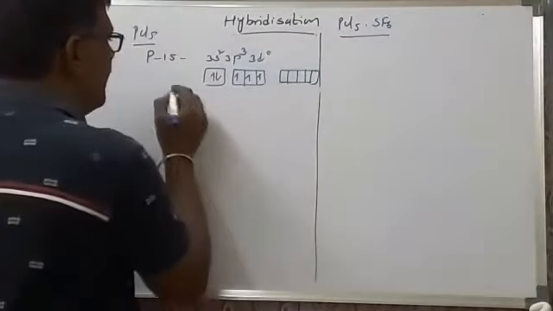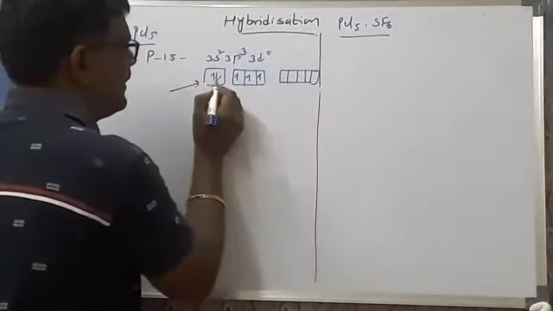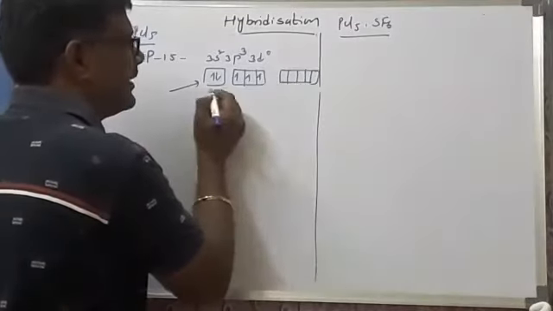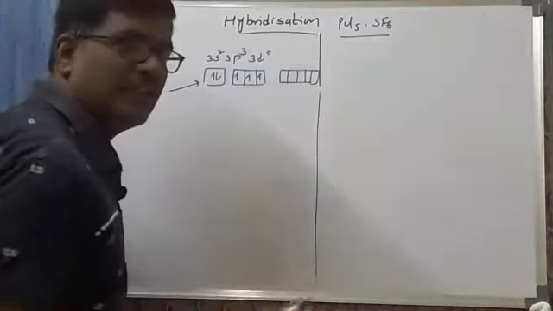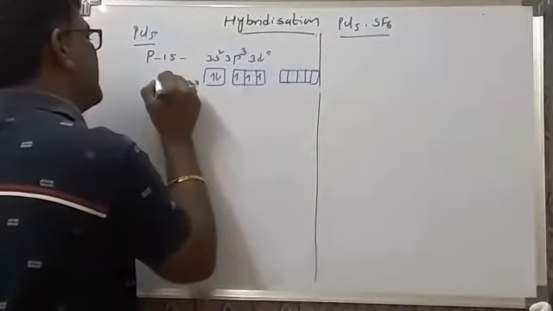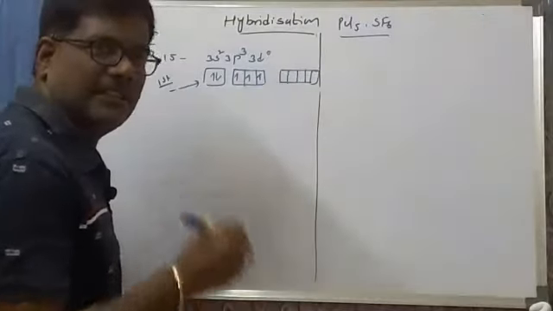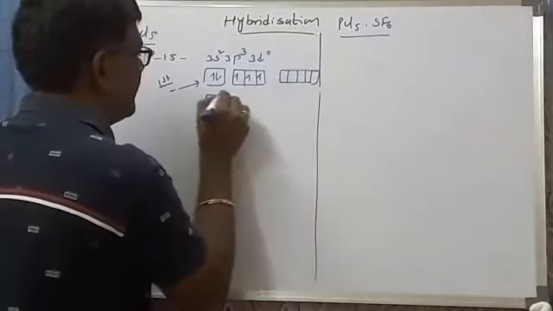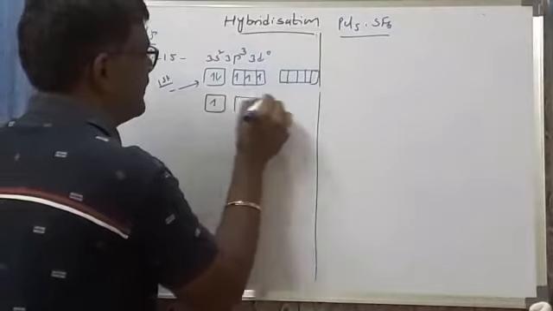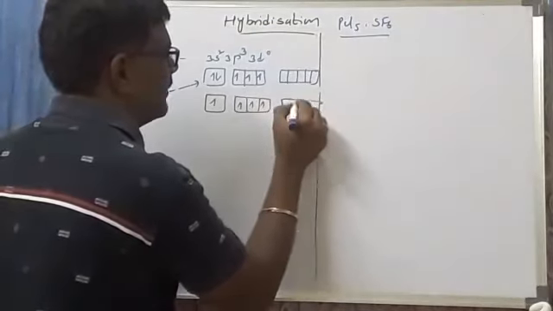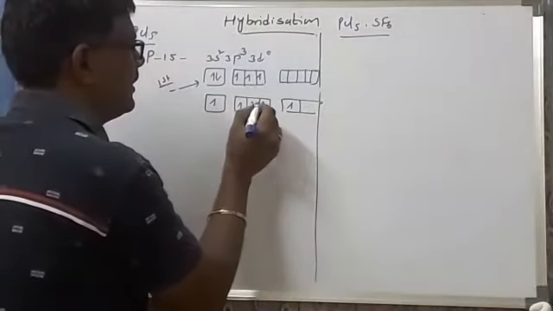How is it possible? Whenever you supply energy, the electron present here jumps into the d orbital, and then you get 5 unpaired electrons. This is called the first excited state. In the first excited state of phosphorus, this electron jumps into the d orbital, so like this: 1, 2, 3, 4, 5.